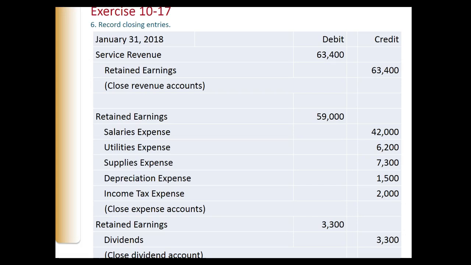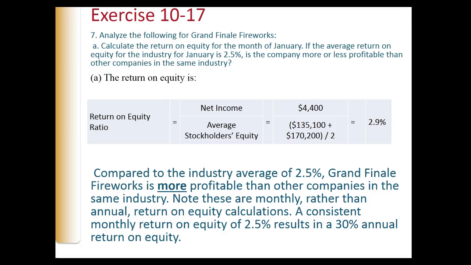For the expense accounts, we credit those to zero them out and debit our retained earnings. And then with our dividends account, we zero that out by crediting it and debiting retained earnings. So then our trial balance will only consist of those permanent accounts.